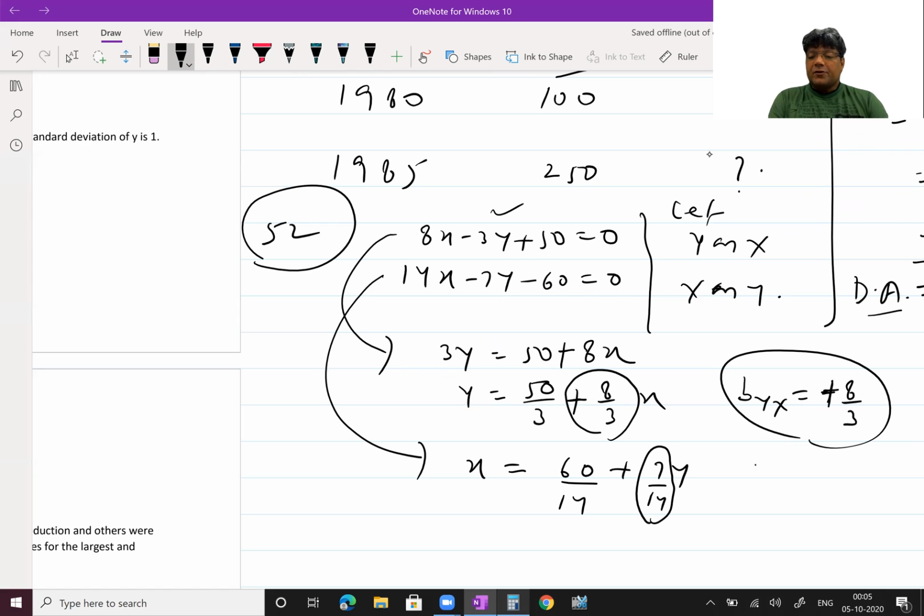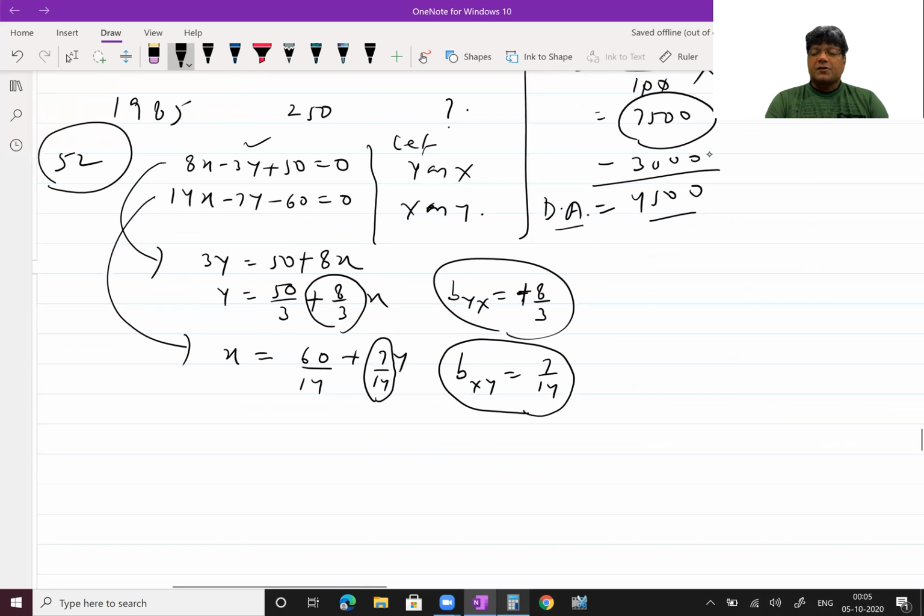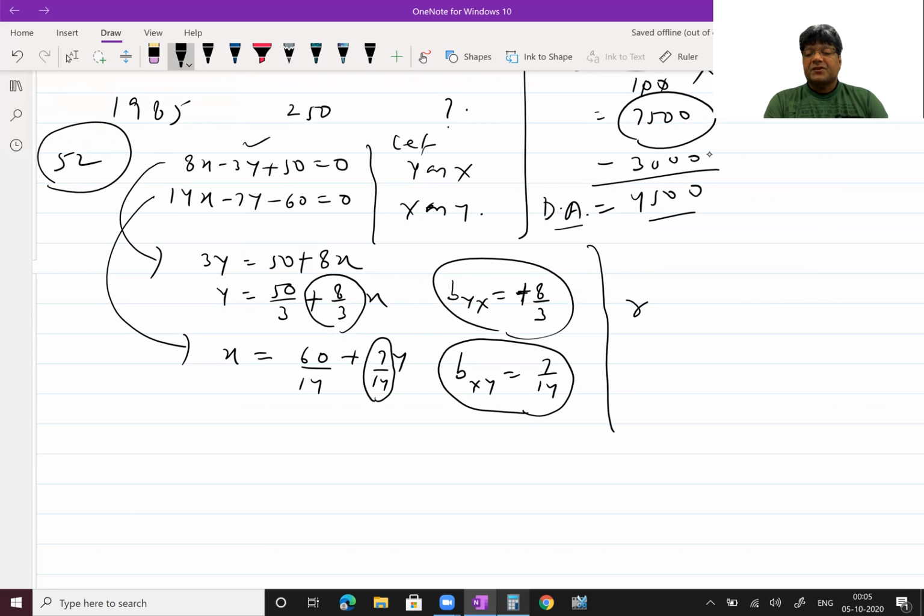So bxy is equal to 7 by 14. But guys, it's not possible. Why not possible? Because then r square is equal to byx into bxy, that is 8 by 3 into 7 by 14, and that comes to 4 by 3, which is more than 1, so it's not possible.